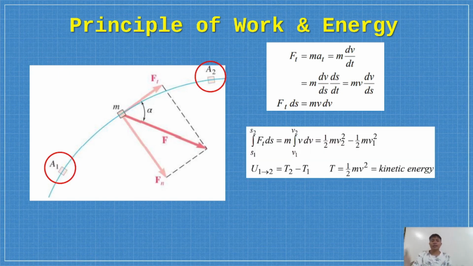Integrating, since our position goes from 1 to 2, our distance also changes: Ft ds evaluated from s1 to s2 is equal to mv dv evaluated from v1 to v2, which is equal to 1/2 m v2 squared minus 1/2 m v1 squared. So the work is equal to T2 minus T1, as our movement is from 1 to 2, where T is equal to 1/2 mv squared, the kinetic energy.